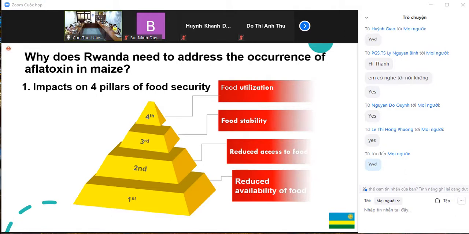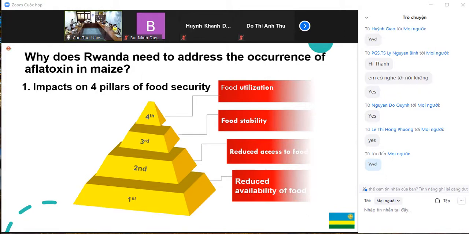First, aflatoxin reduces the availability of food, because a big amount of maize nowadays is being thrown away because of aflatoxin. If farmers don't produce safe food, they will not have access to food. Then food stability will be lost and food utilization will be affected.